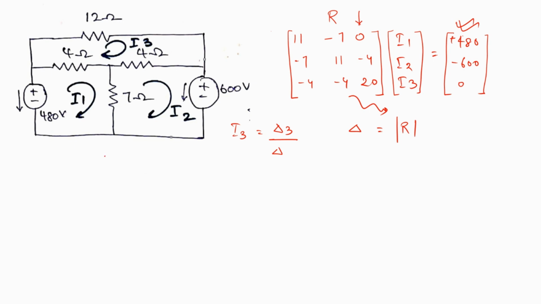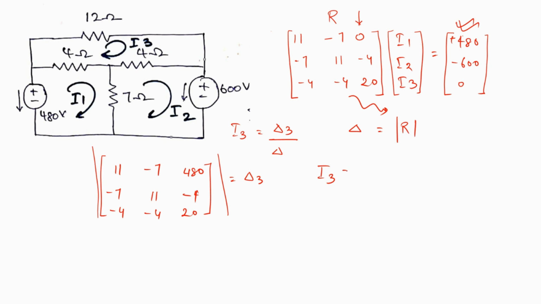So I can write it as 11, minus 7, 480, minus 7, 11, minus 4, minus 4, minus 4, and 20. So now I can find the determinant of this matrix, which is what del 3 would be. Once I get the value of both del and del 3, I can easily compute I3 as 4320 by 864, which comes out to be 5 amps.